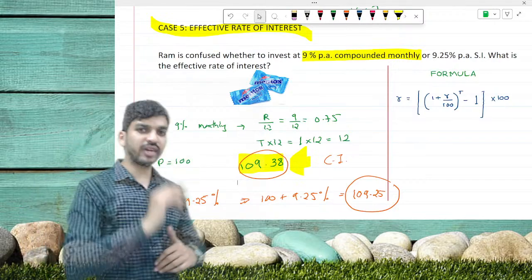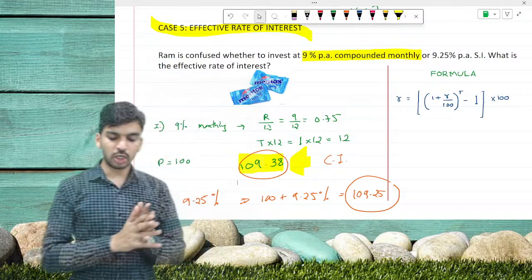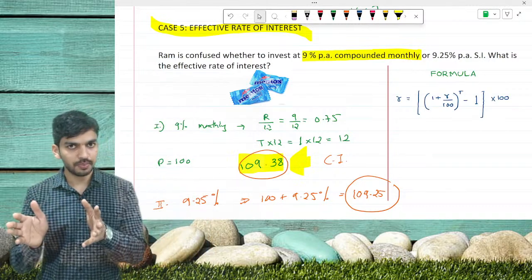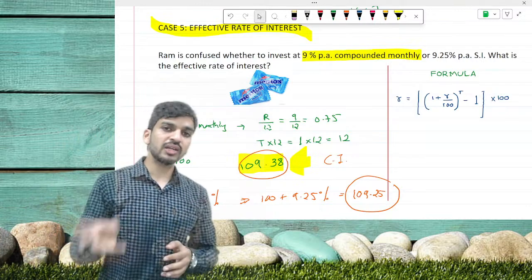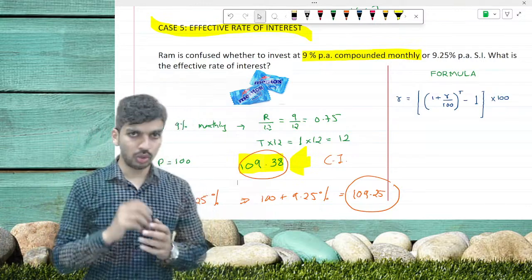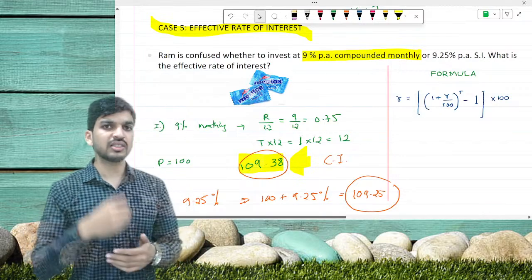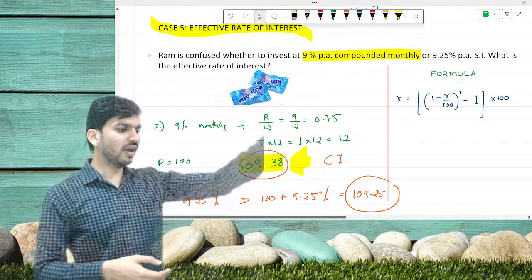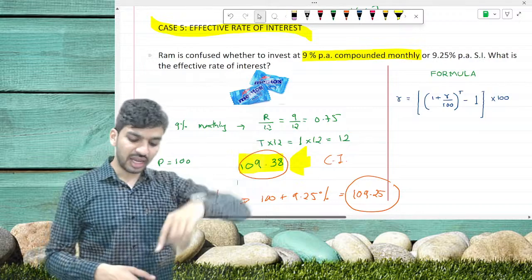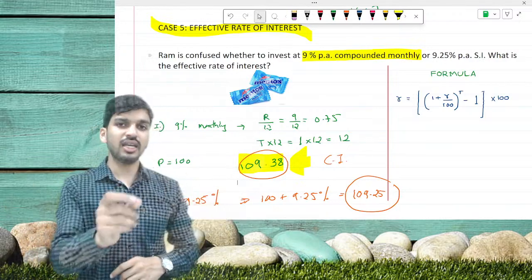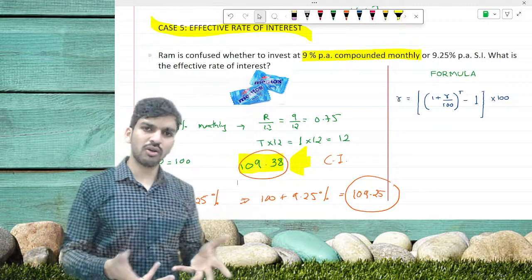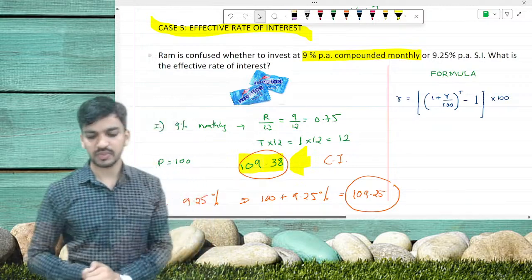It becomes 12 times. So now what we need to do is, principal amount was 100 plus 0.75% one time, plus 0.75% two times, plus 0.75% three times. This way we went till 12 times, and the answer came out to be 109.38. This is the way we solved the very basic type in compound interest, correct?